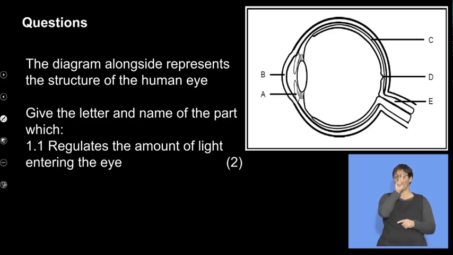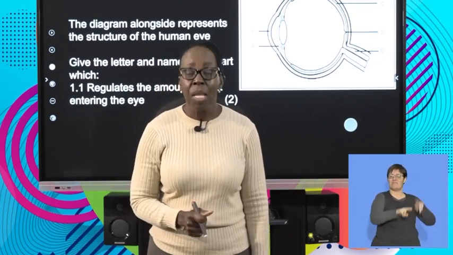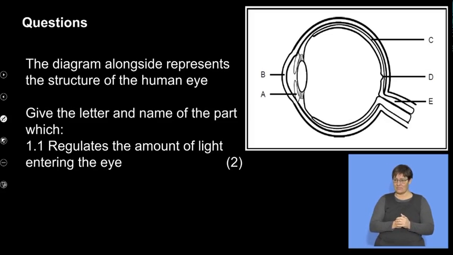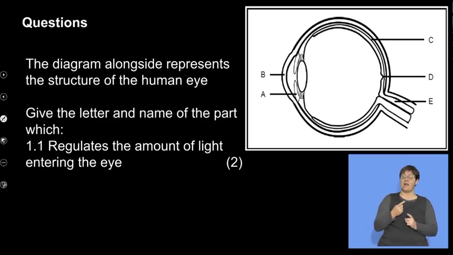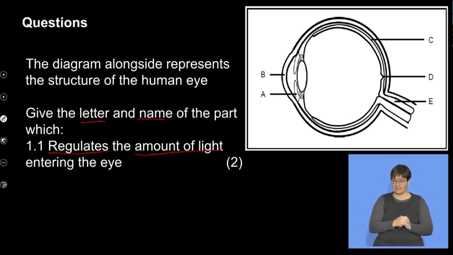Then we're looking at the questions after revising the structure and the function of the eye. We've got the diagram here. We study the diagram. We look at the parts. We've got A, B, C, D, E. Then give the letter and the name of the part which regulates the amount of light that is entering the eye.